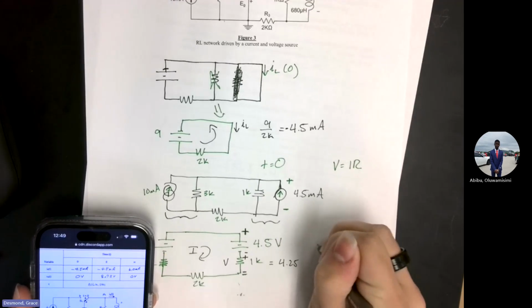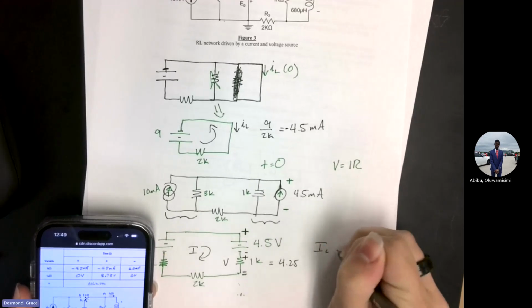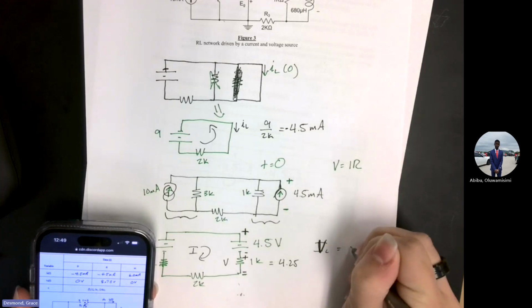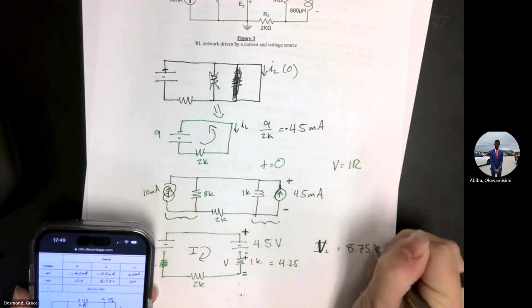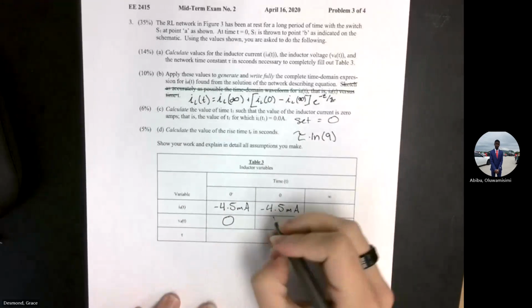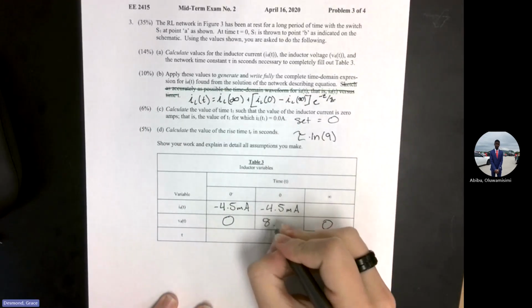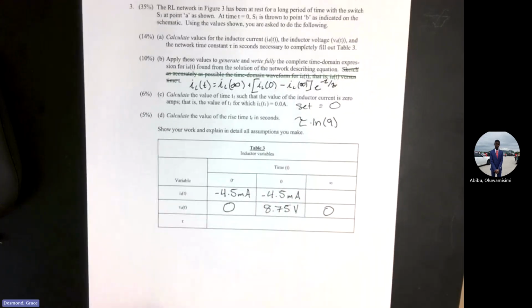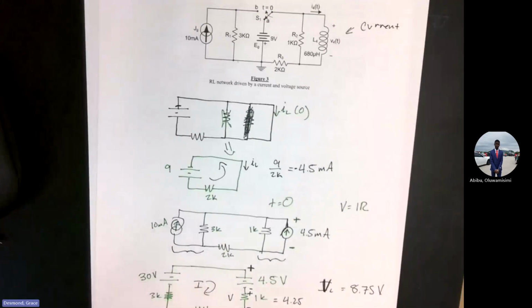So the total voltage VL, come over here, throw that into here, 8.75 volts. Sweet, just got one more current to find, and it's sort of very similar.